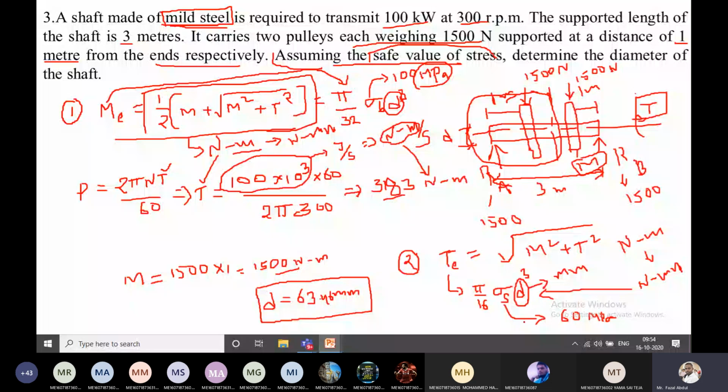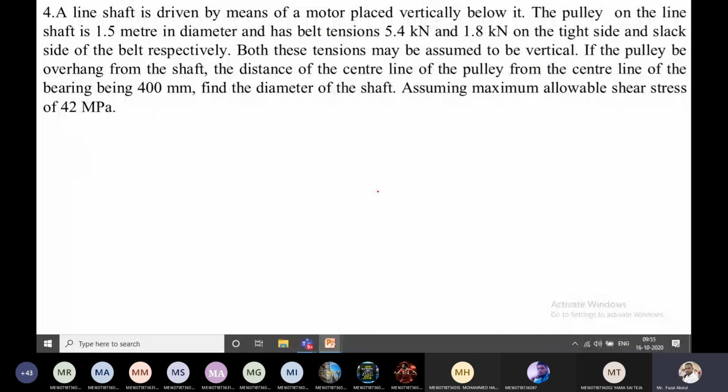Now see here, one line shaft is there. Line shaft means continuous shaft. So I'm drawing the diagram. For each question you need to draw the diagram in the exam. Don't forget to draw the diagrams. The continuous line shaft is driven by means of a motor placed vertically below it.